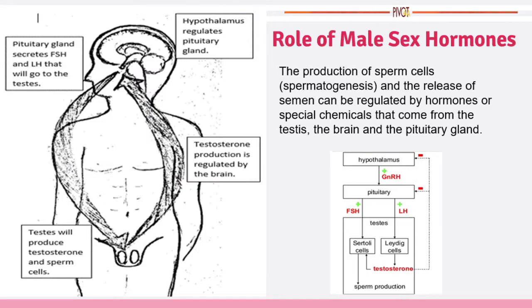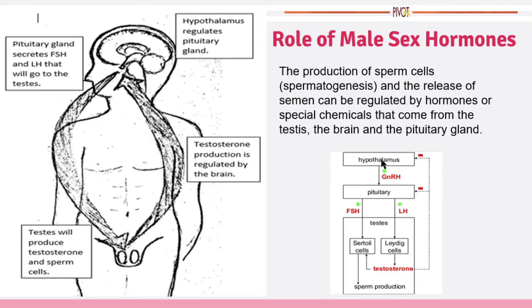The production of sperm cells, also known as spermatogenesis, and the release of semen can be regulated by hormones, or special chemicals that come from the testes, the brain, and the pituitary gland. These hormones start to be active when a male reaches puberty age. So it starts with the hypothalamus and pituitary gland, which are both in the brain.